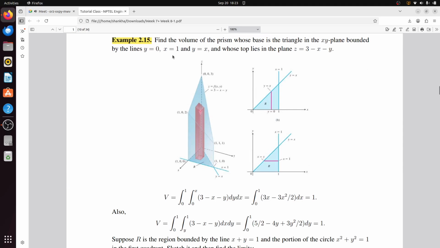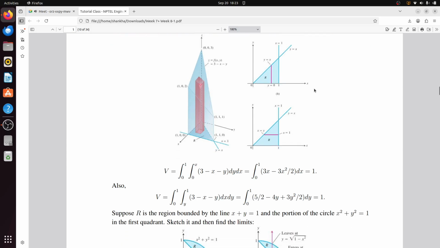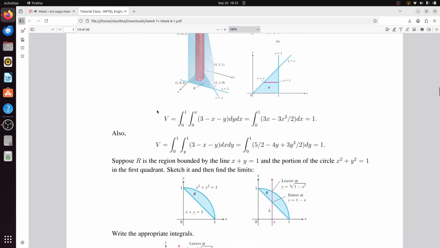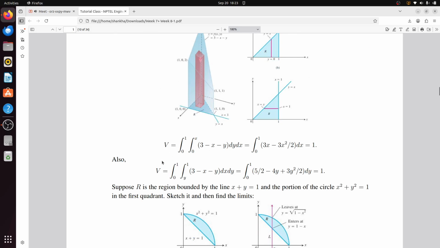So here you see, find the volume of the prism whose base is the triangle in the xy plane bounded by the lines y equal to 0, x equal to 1 and y equal to x, and whose top lies on the plane z equal to 3 minus x minus y. So now your V is, x varies from 0 to 1, y varies from 0 to x, of 3 minus x minus y.